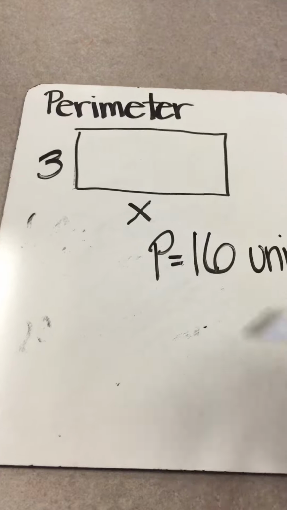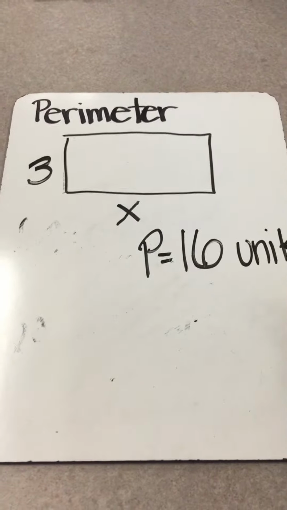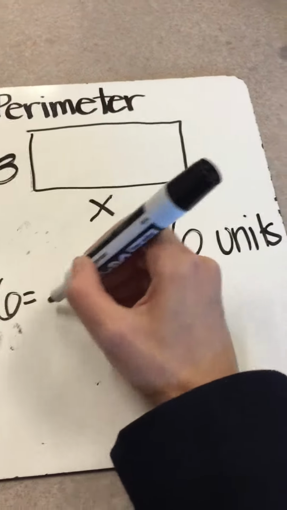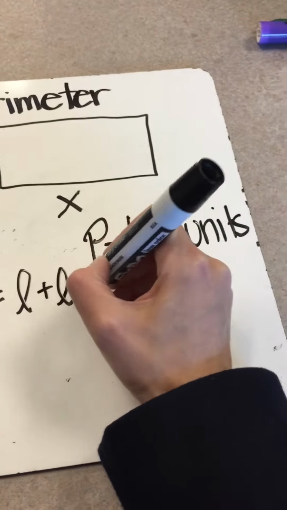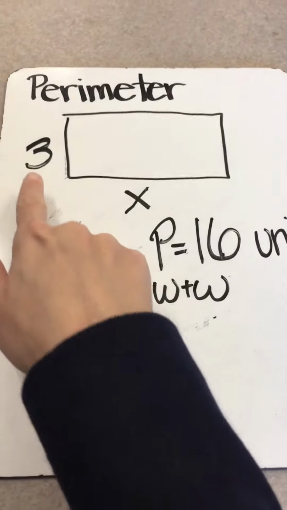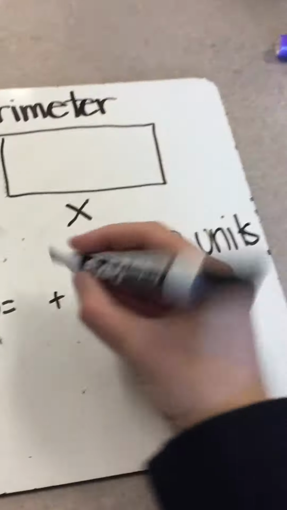Well, we kind of have to work backwards. One way we can work backwards is we can say the perimeter of 16 we know is going to be the equivalent of length plus width plus width. Well, we already know one of the numbers, so I can replace those with 3's.